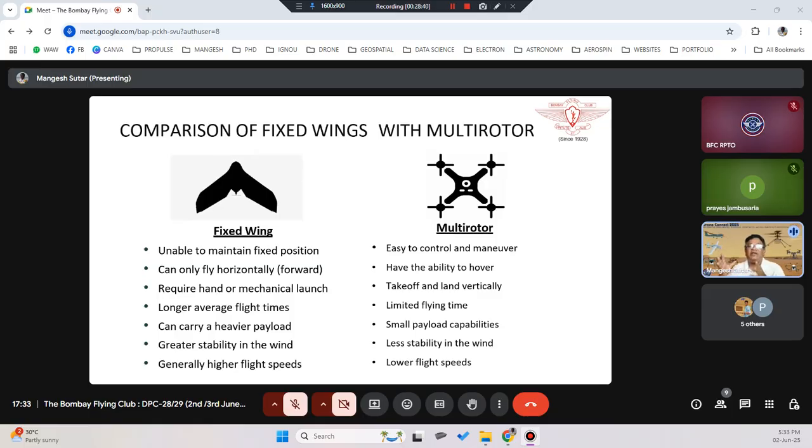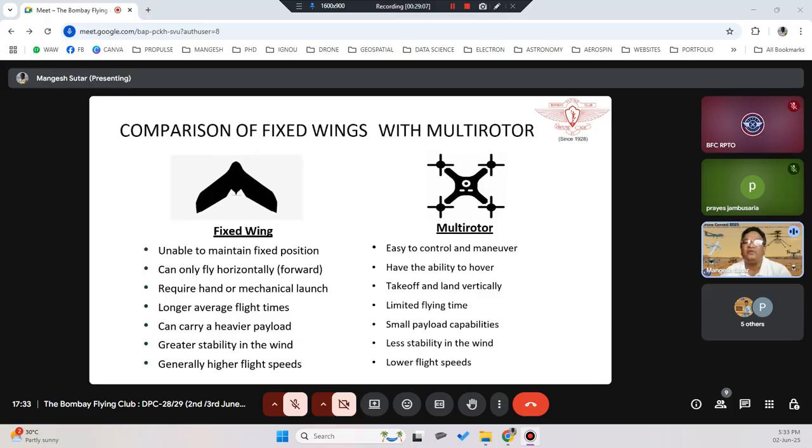So your flight time, which was 15 minutes in normal wind, in a heavy wind will be maybe 10 minutes only, or less than that, because more power is consumed to stabilize the drone. Multi-rotors are not aerodynamically designed, so they cannot withstand that wind and have to counter it. But multi-rotors are easy to control and maneuver.